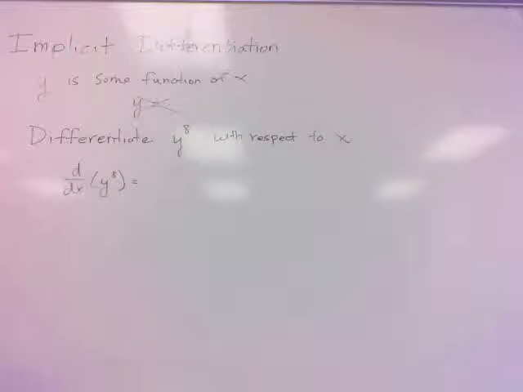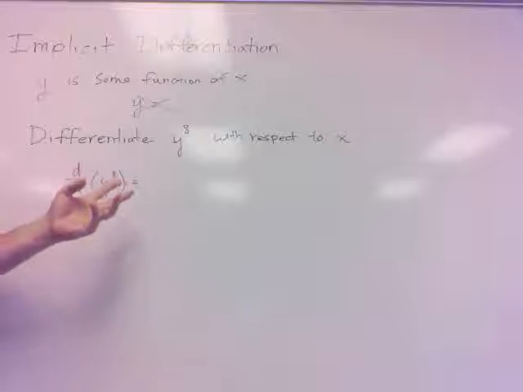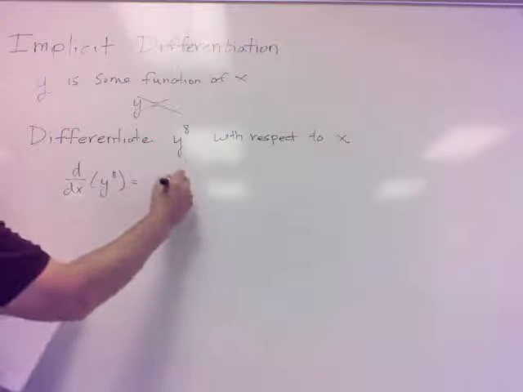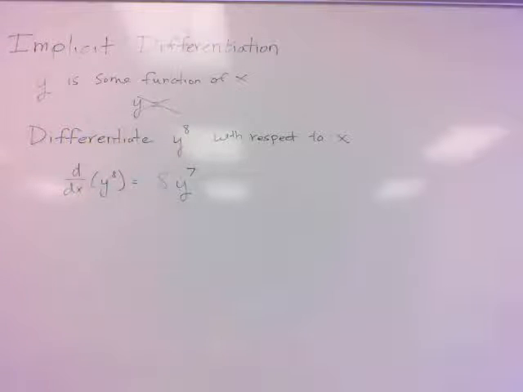Well, it's easy enough to see one derivative I'm going to have to do. What is one thing I'm going to have to do to this? Power rule. I've got y to the 8th, so I definitely need to do the power rule. What would the power rule give me? Bring down the power, then do what? Subtract 1 from the power.